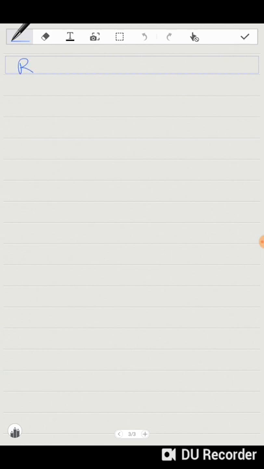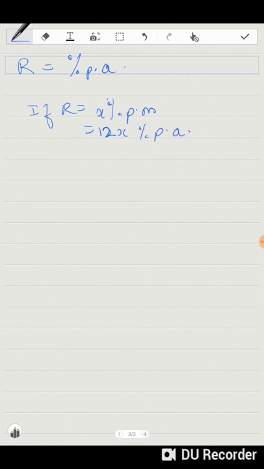Now rate R is usually given as percentage per annum. Per annum means per year, right? But if they give you rate as per month, then you can convert it into per annum by multiplying it by 12. So if R equals, let's say, x percent per month, then it will be equal to 12x percent per annum.